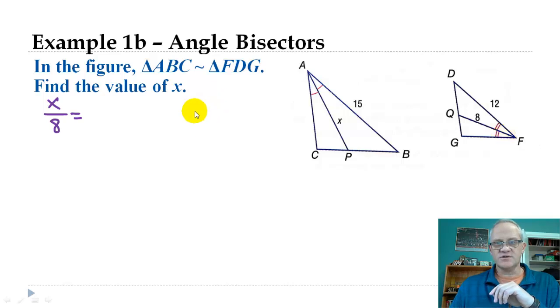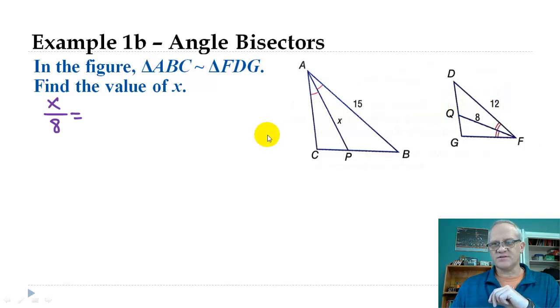Look at the similarity statement. If A and F match up, which is the angle that got split, what else matches up? B and D. So the side that goes from A to B is going to match up with the side that goes from F to D. That's the easiest thing, just look at the similarity statement. So we can see that the 15 and the 12 are the ones that match up there.